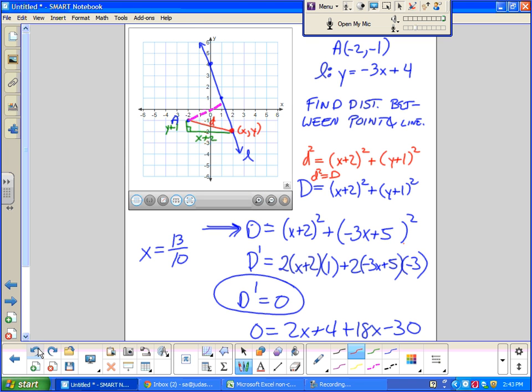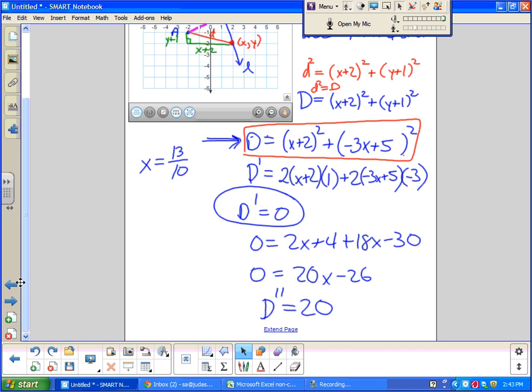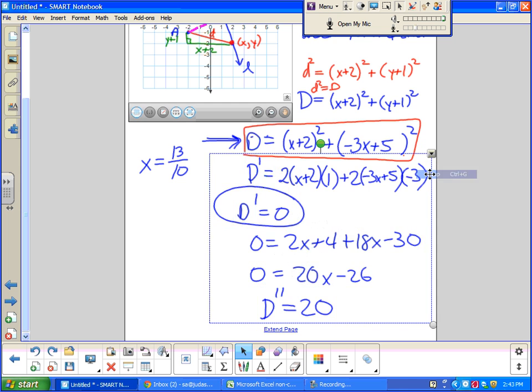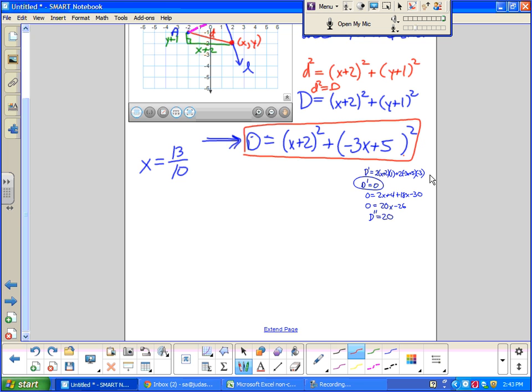All right. I want to get the distance. I'm going to plug 13 over 10 into my original distance equation right here and get a value. So I'll box all this stuff up to give us some room. This is all the first derivative and second derivative, again proving that it is a minimum. Everybody recall the cheat I used was d squared was equal to capital D. So now I'll go back to d squared.